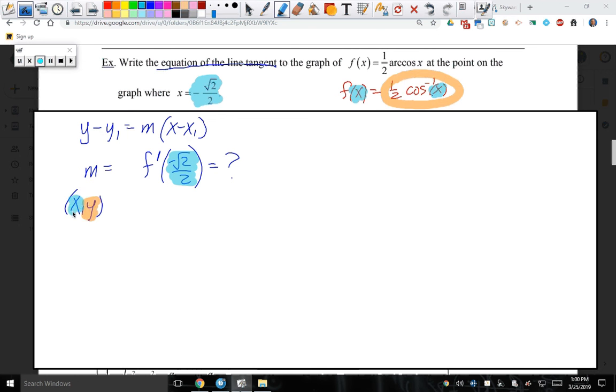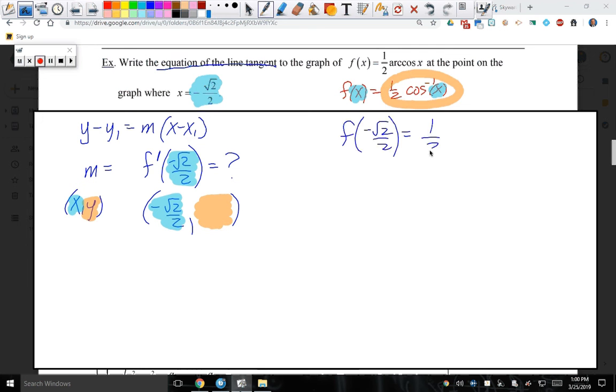There's the color coordinating. Okay, so far the point is negative root 2 over 2 is my at value. Now I just have to find what y value this position function is going to spit out. So let's figure out what f of negative root 2 over 2 is.